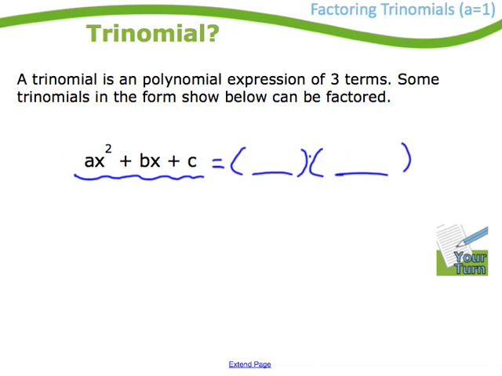We want to take a trinomial expression like this one and express it as the product of two factors. This will help us down the road when we're looking for x-intercepts or when we're looking for zeros. When we're solving quadratic equations, this process of factoring is a real handy tool to help us simplify things when we are solving or when we are graphing something.